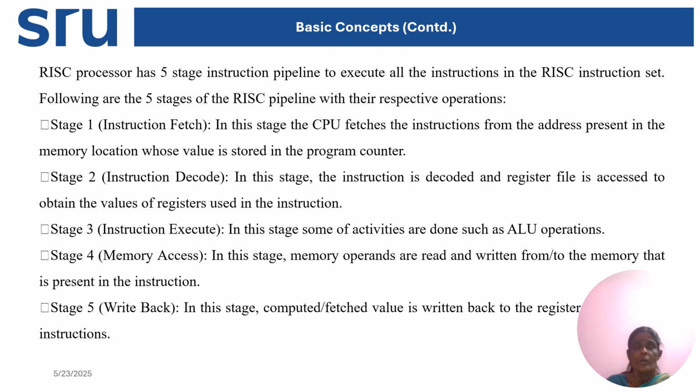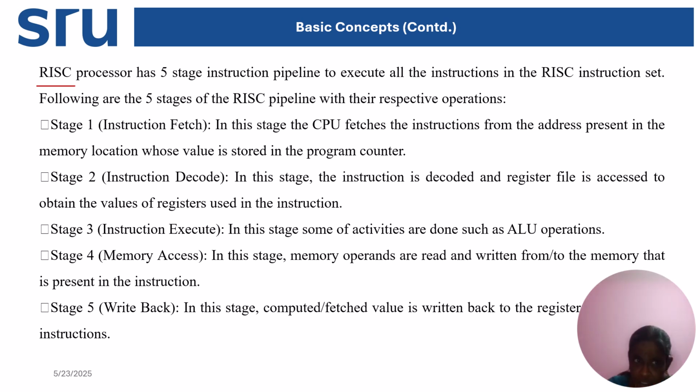Next one. Normally this pipelining is adopted in the RISC processor. RISC means reduced instruction set computer. A RISC processor has a 5-stage instruction pipeline to execute. In the previous example, I told you only 4 stages for one instruction, but it depends on the architecture.